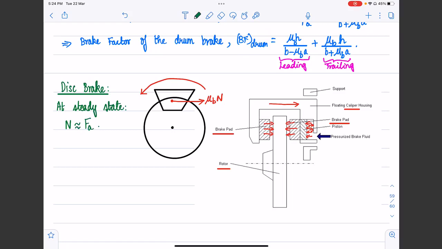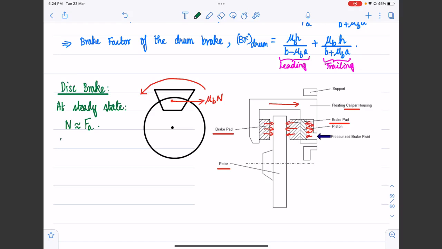Imagine that we have applied the brake, the brake pad has gone and clasped the rotor, and braking is progressing at steady state. So whatever actuation force that we apply will be the normal force that will be experienced at the interface between the rotor and the brake pad. Okay, so that's what we'll have.